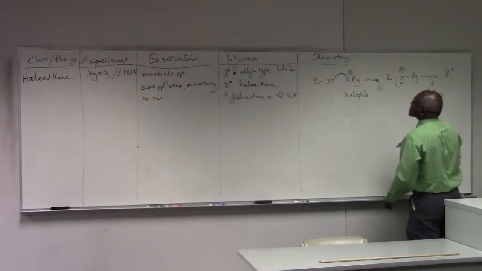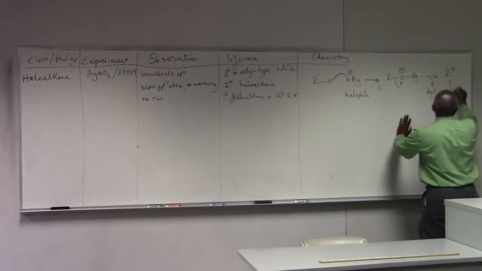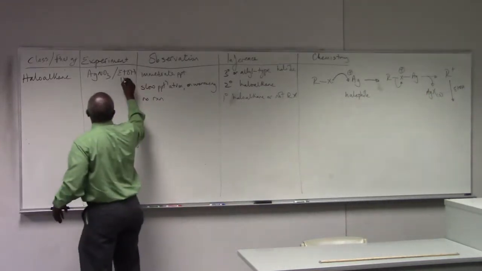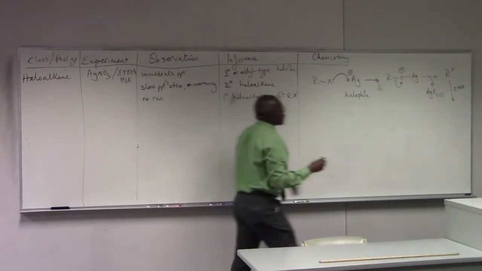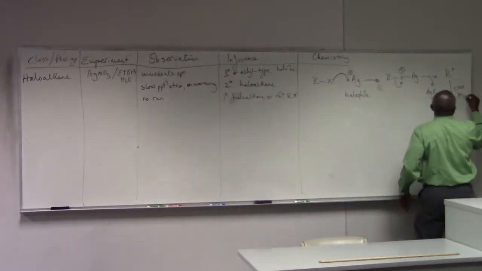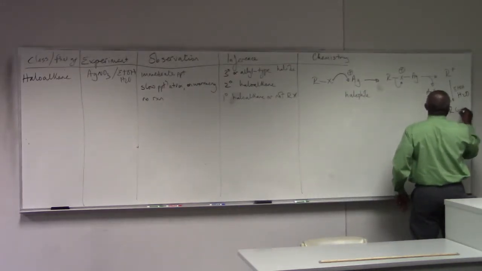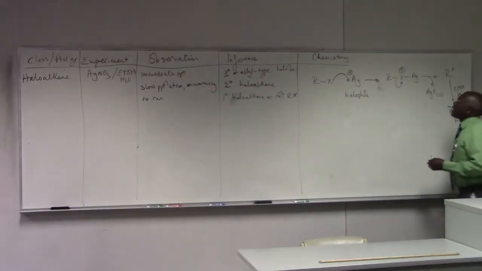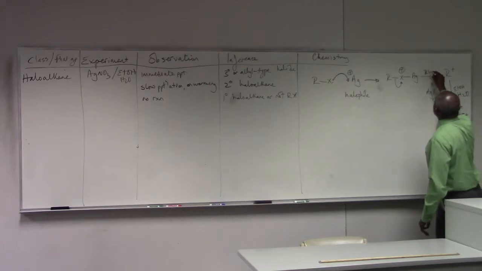The R plus then reacts with the ethanol, and this also has some water. So it reacts with the ethanol and water combination, and basically that gives ROH or ROEt. But the rate determining step in this reaction is this one.